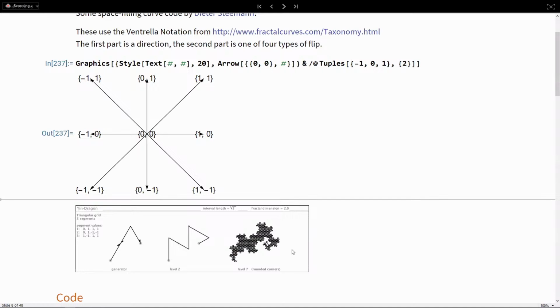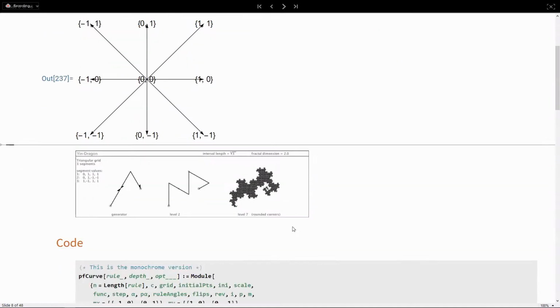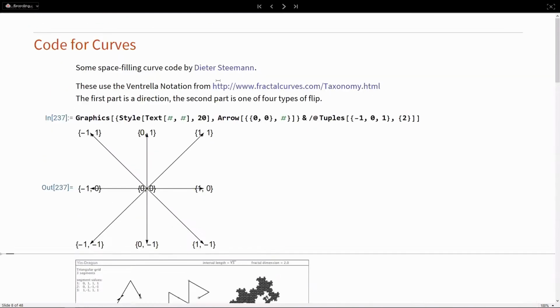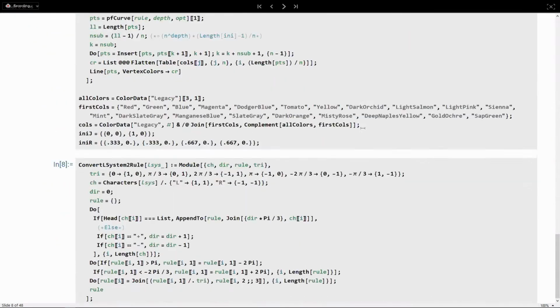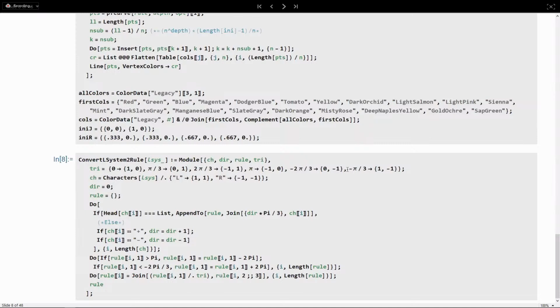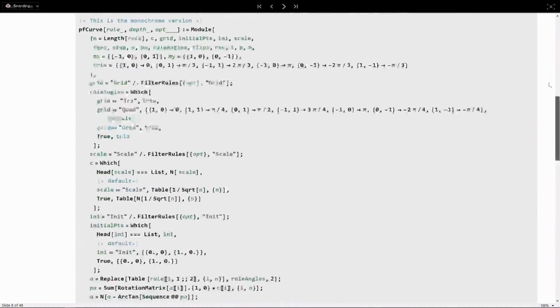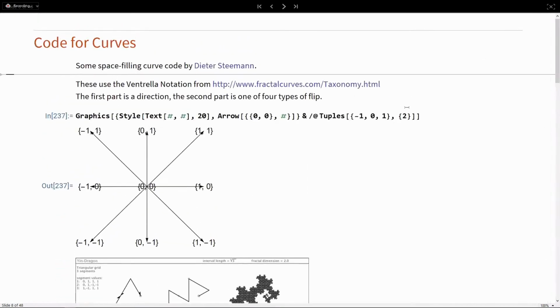And with this particular notation, you can generate a space-filling curve, which is something that Dieter Steemann did with this code here. This notebook will be posted on the community site sometime after this talk. And with all of these, it turns out there's multiple ways of generating these different curves.